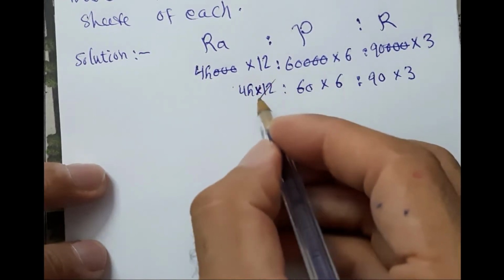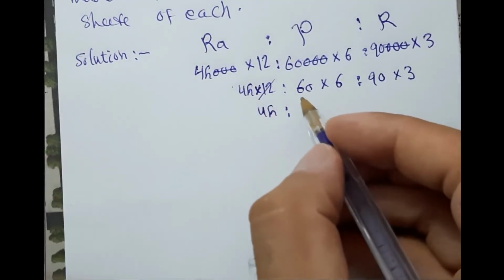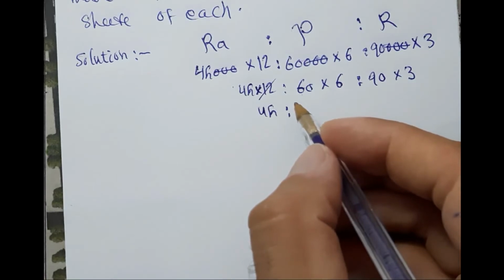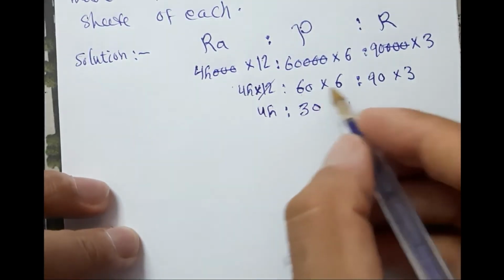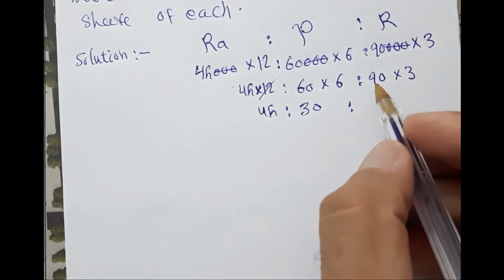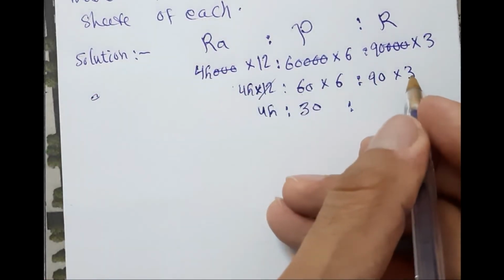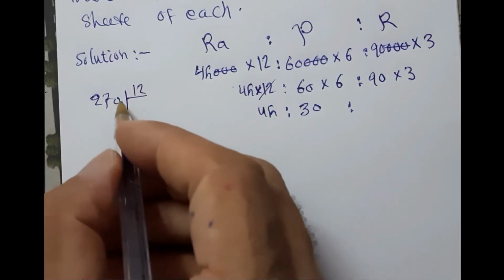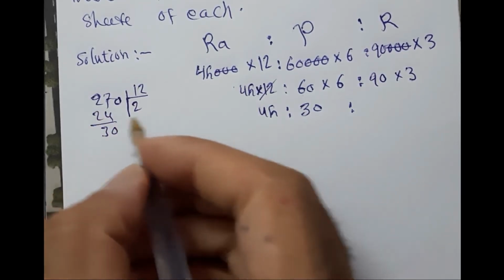Now divide by 12: here we have 6 for the first, 60 multiplied by 6 divided by 12 is 30, and 90 multiplied by 3 is 270, which is not divisible by 12.